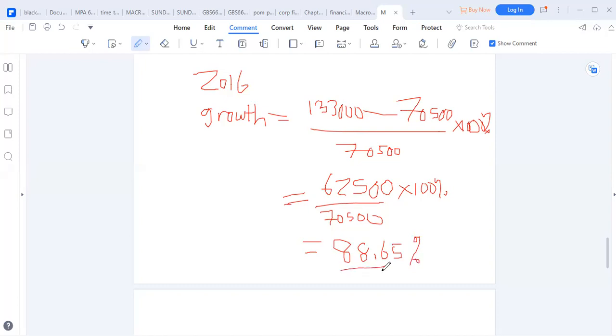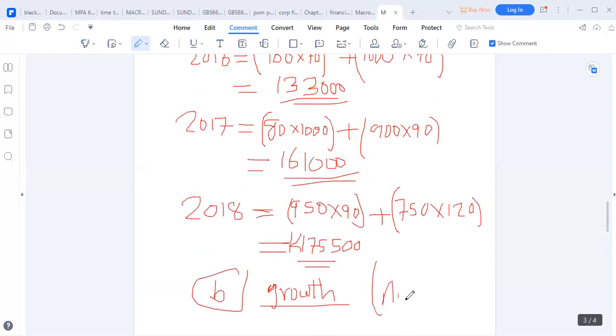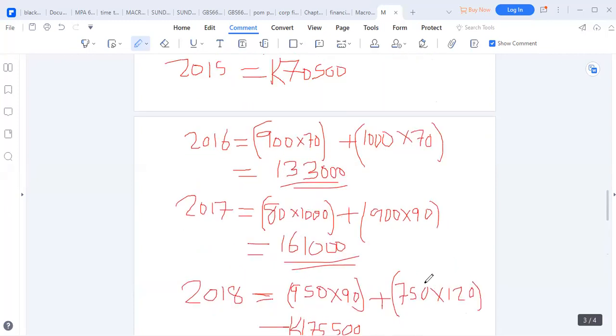So this is just how we get to finding the growth rate in nominal.